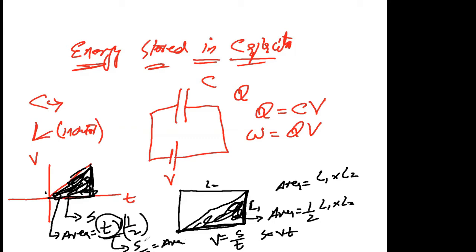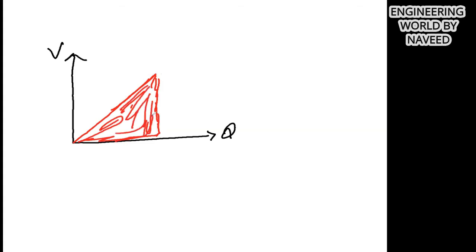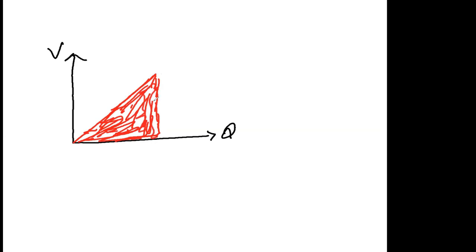Similarly in this case we will use voltage, and here we will use the charge deposited on the capacitor. If you want to draw the curve, the curve will be like this. This area will be the work done by the electron.